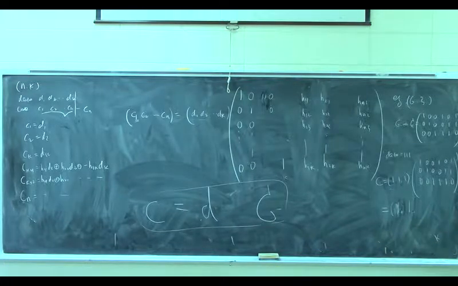What's the next one? 1 times this, 1 times this, 1 times this. What's the next one? You sure? But number 4, you got two 1s, so what would you make?